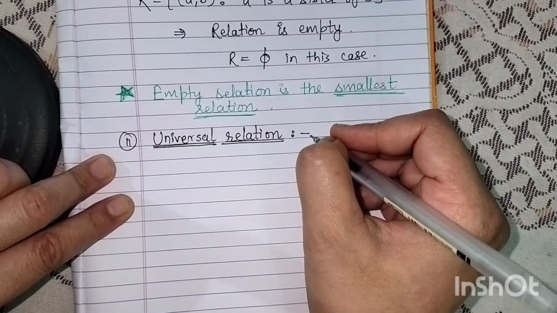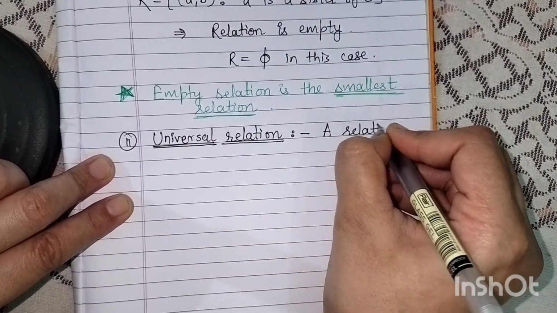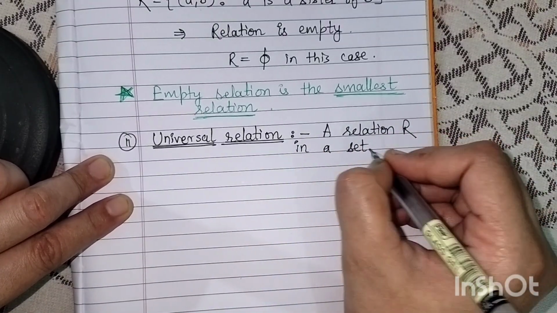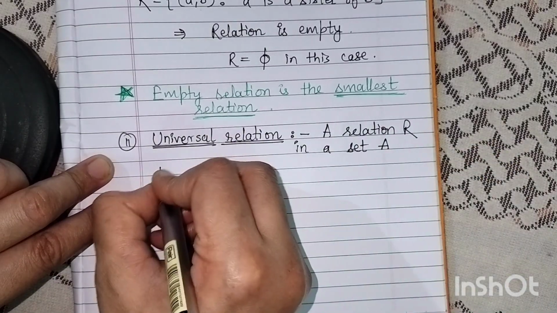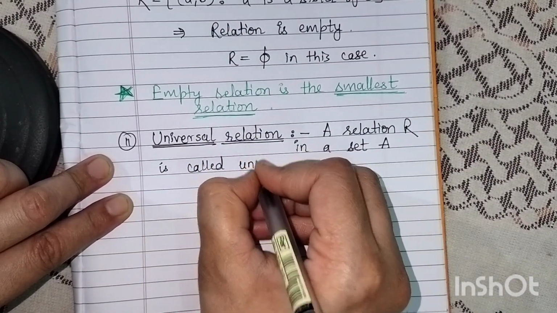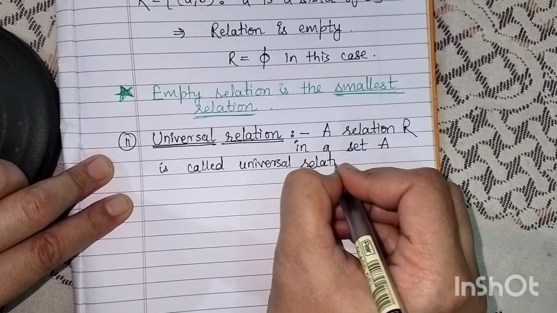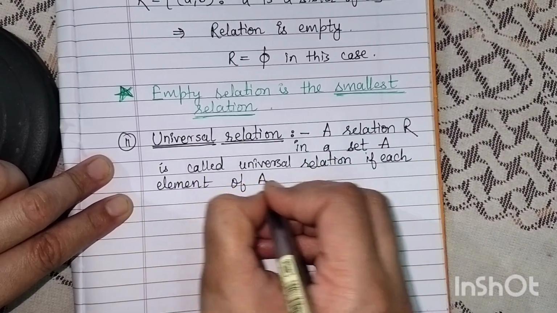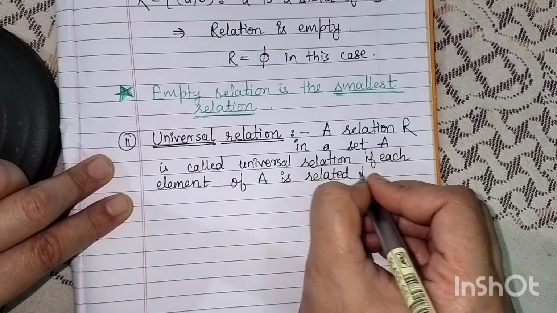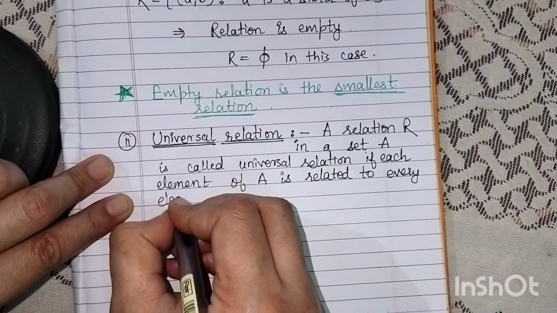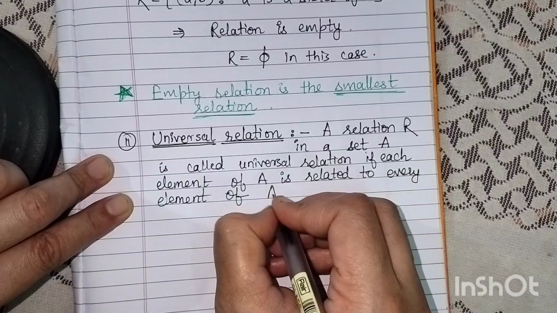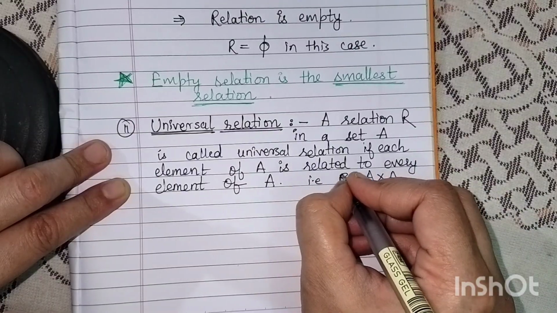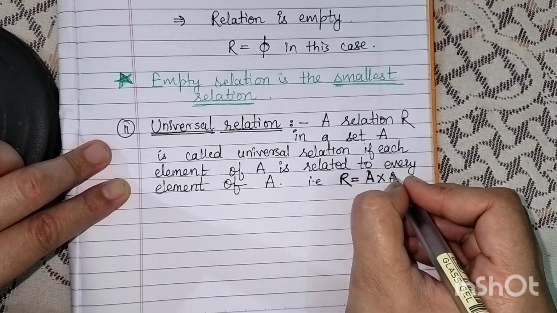So a relation R in a set A is called a universal relation if each element of A is related to every element of A. So you can write that R is actually the whole of A cross A, because every element in A is related to every element in A itself.